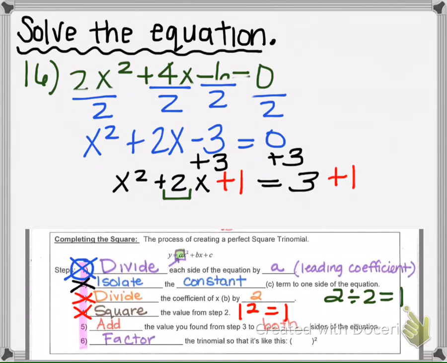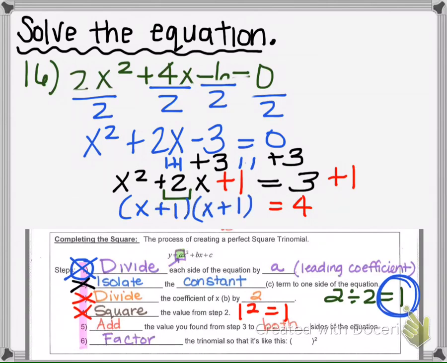If we put it on the left hand side, now it makes this factorable, as 1 times 1 is 1 and 1 plus 1 is 2. So this number is going to go in parentheses here twice. And the whole purpose of doing that is now we can write it as x plus 1 squared equals 4.